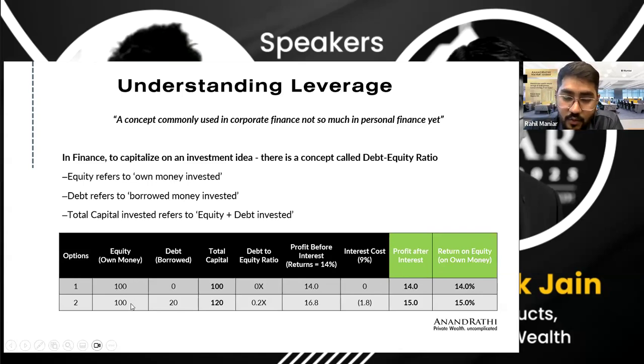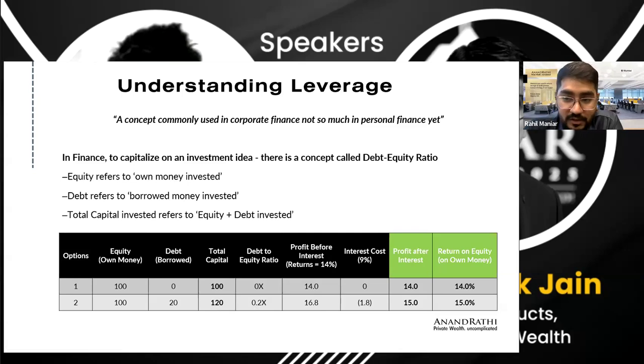In the second option, we have 100 rupees as our own money, which is equity. You borrow 20 rupees, so total capital to be deployed is 120. Now my debt equity ratio is 0.2x. How? 20 divided by 100 is 0.2. Now the whole 120 is going to grow at 14%, which is going to make me a profit of 16.8 rupees, right?